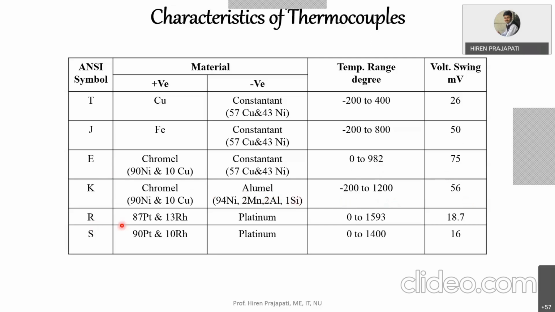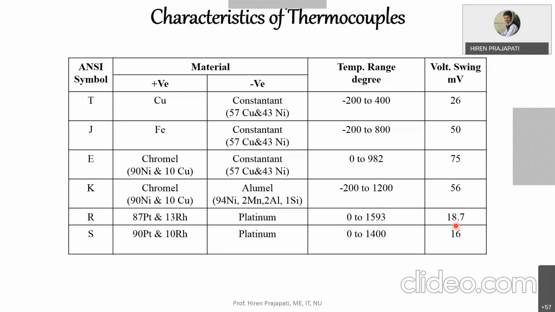R-type thermocouple, now it is 70% platinum and 30% rhodium alloy. Alloy of these two materials is used as a positive material, and as a negative material we have pure platinum. Look at the temperature range, it is maximum 0 to approximately 1600 degrees Celsius.